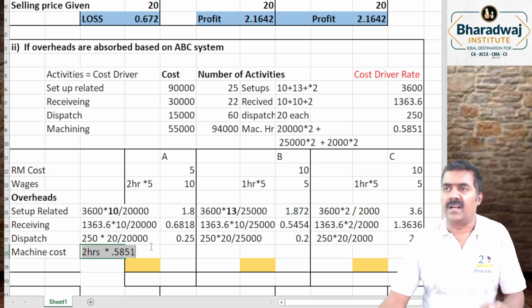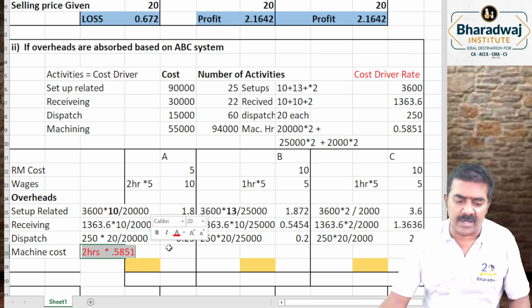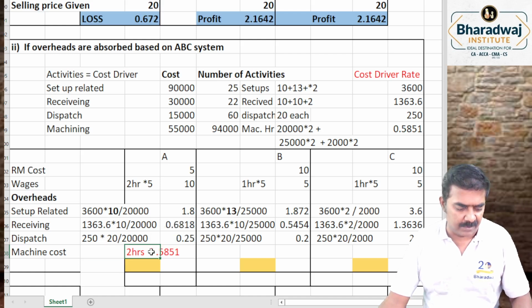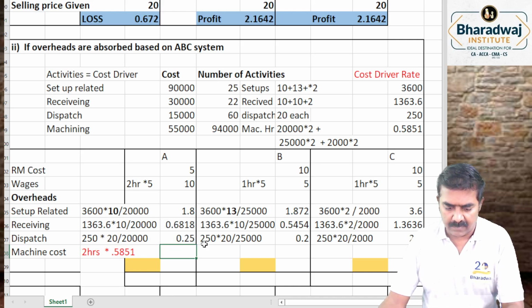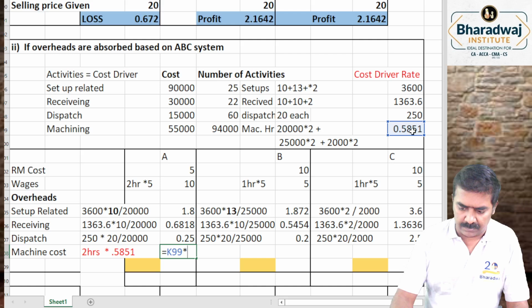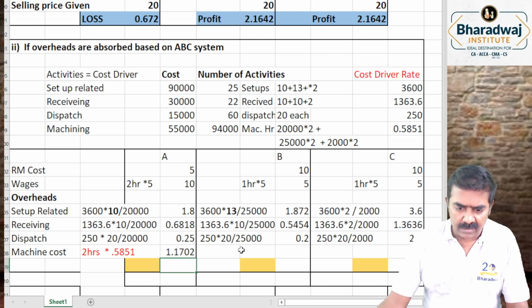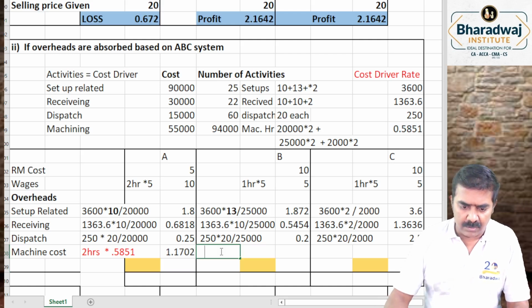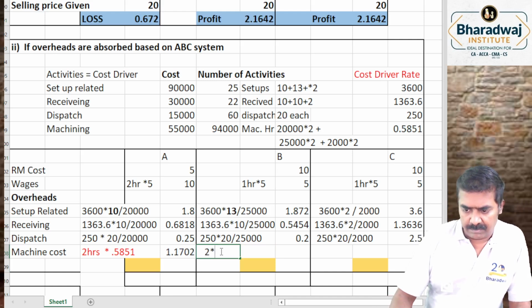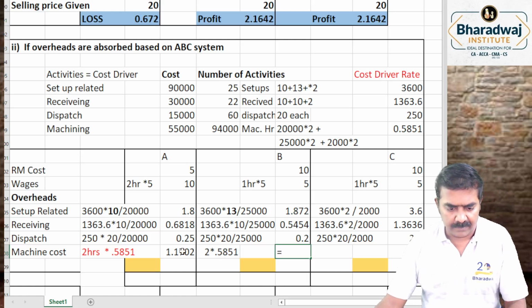No need to divide and all. Machine hour per unit is given. So 2 hours into 0.5851. How much you get? Again, 2 hours now, 2 hours into 0.5851. Same. The other one also.